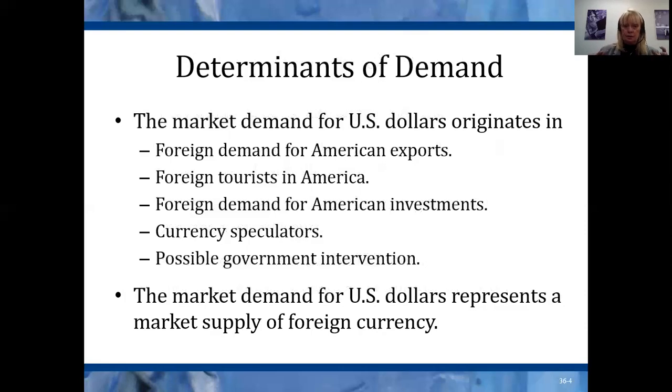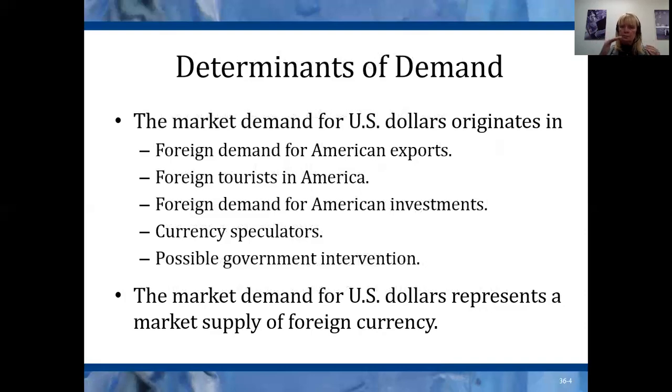Those are currency speculators. And then there's the possibility of government interventions. If the value of the currency is falling too fast, the government might buy some of the currency in order to support the exchange rate. So the market demand for US dollars represents a market supply of a foreign currency. So let's think about that for a second.